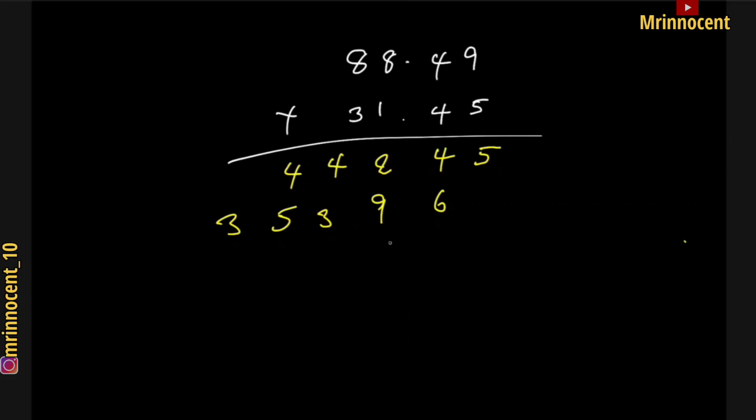1 times 9 is 1. 1 times 4 is 4. 1 times 8 is 8. 1 times 8 is 8. 3 times 9 is 27. 27 in base 10 is 2 remainder 7. 3 times 4 is 12 plus 2 is 14. 14 in base 10 is 1 remainder 4. 3 times 8 is 24 plus 1 is 25. 25 in base 10 is 2 remainder 5.